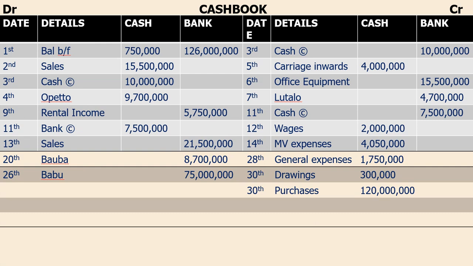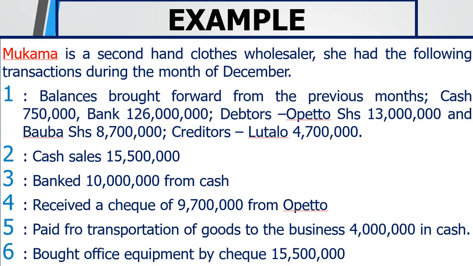Now, we are going to move. The question is here. Balance brought forward from the previous month. Cash 750,000. Then bank 126 millions.